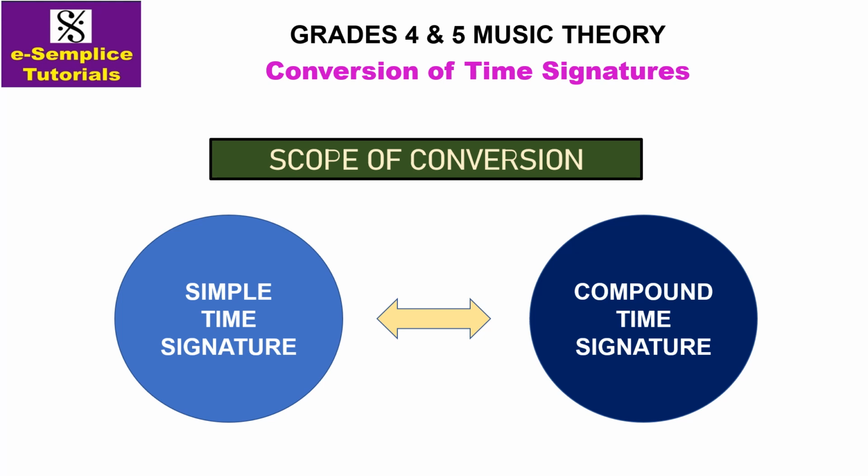We'll be going from simple time signature to compound time signature and vice versa. That's the conversion will be from simple to compound time and compound time to simple time.